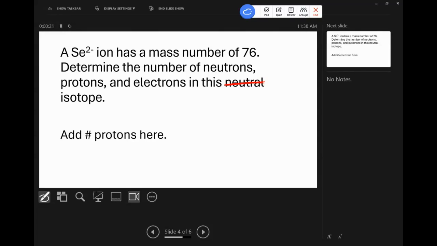Number of protons and neutrons. So protons and neutrons in an atom, they have mass. Electrons, we assume, have 0 mass. So the total mass, 76, is protons, I'm going to abbreviate that as P plus, and N for neutrons. So what do we do next? What other information can we gather about selenium?